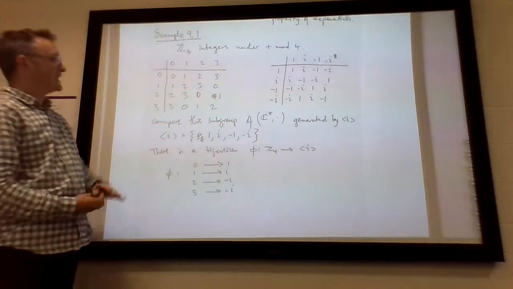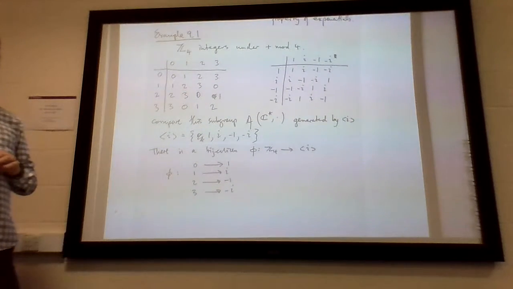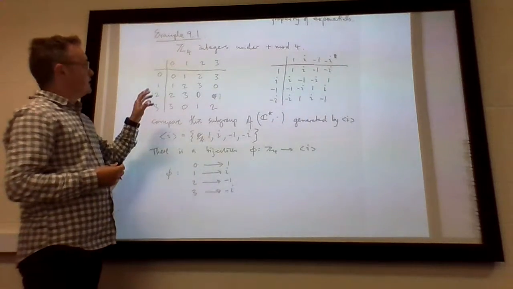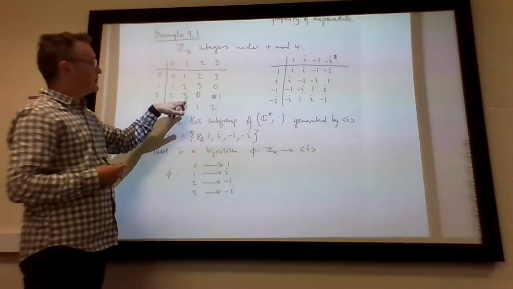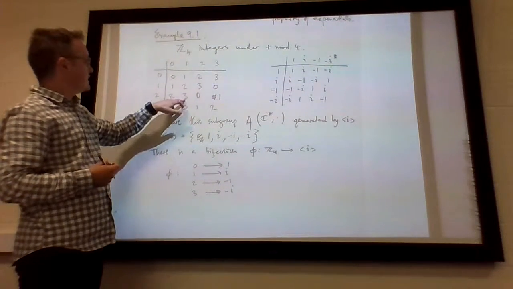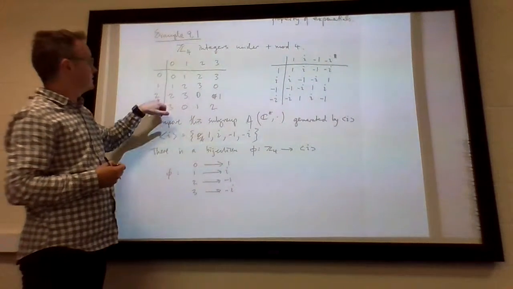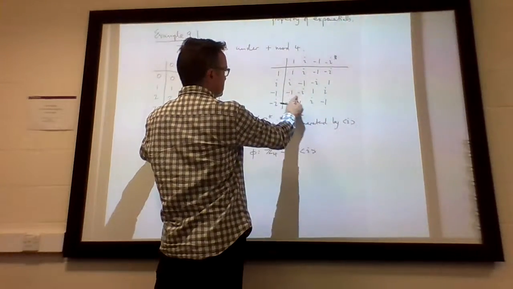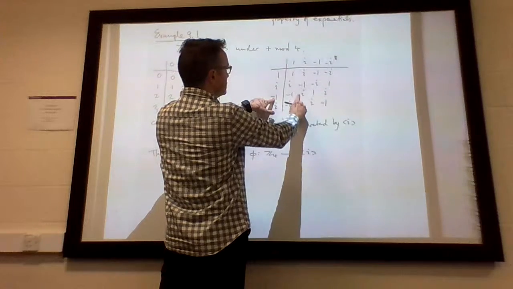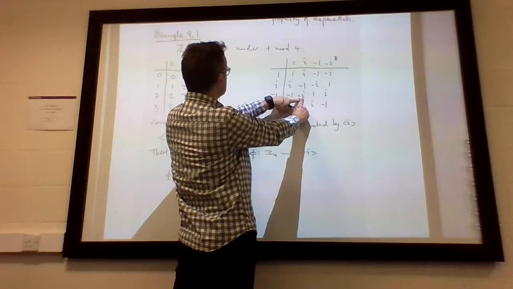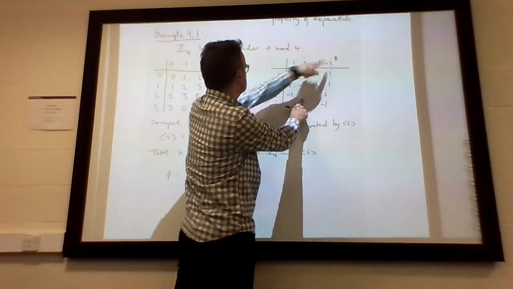And the fact that the tables are just relabelings of each other means that, when you apply phi to 3, you can think of 3 as 2 plus 1. So phi of 3, what you see over here in position, is phi of 2 multiplied by phi of 1. What do we see? Well, we see minus 1, which is phi of 3.